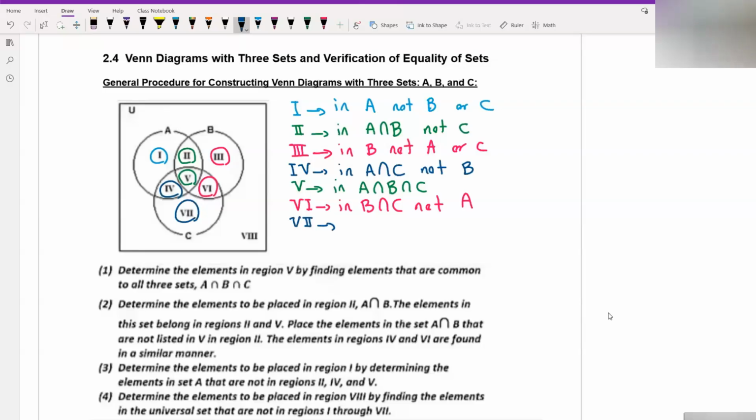So this is in C, but not A or B. And finally, number 8. This is not in A or B or C. So that part is just this one.